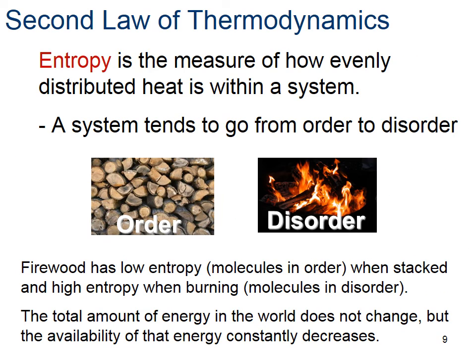Let's take a look at one more thing with regard to the second law, and that is a word called entropy. Entropy is a little bit mysterious to a lot of people, but technically it is the measure of how evenly heat is distributed.